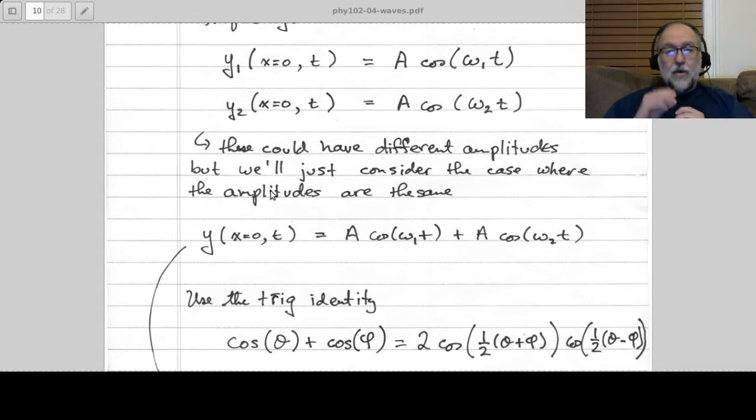Then you can tune all the other strings off of the first string by pressing down at the correct fret. Now, if you have two strings that are supposed to vibrate at the same frequency, and you pluck them both at the same time, the two will simply vibrate together, and you'll just notice a steady note, a steady amplitude note. But if one string is slightly off in frequency from the other one, you get this beating phenomenon, and what it sounds like is loud and soft, loud and soft, loud and soft.